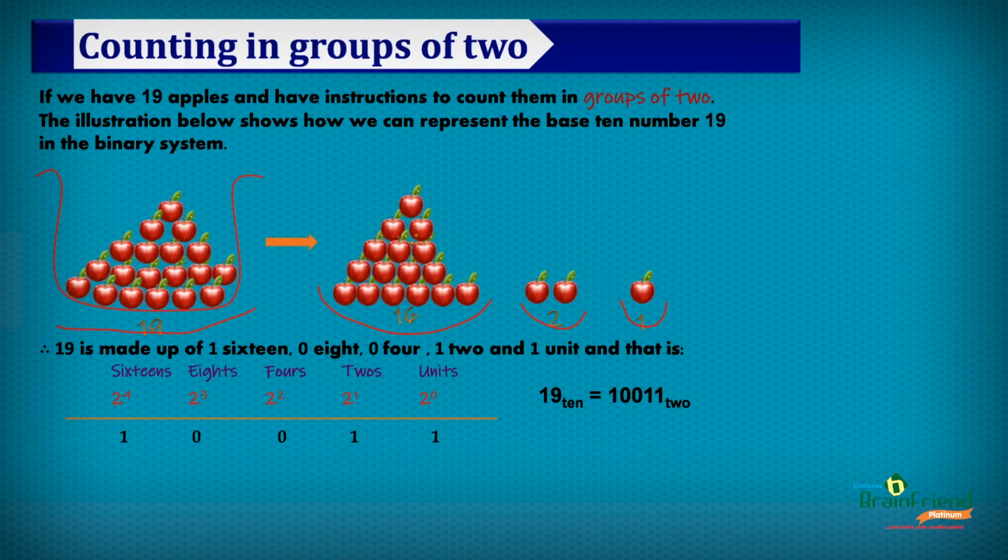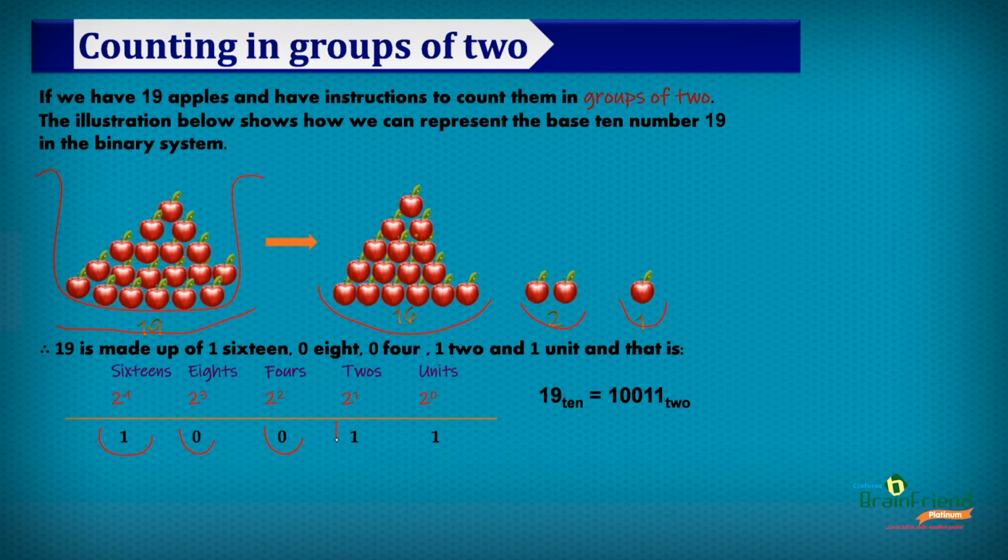So to express the number 19 in base 10 as a number in base 2, the first significant digit is a 16. So we have 1. And then under the 8s, we don't have any significant digit. So we have a 0. And under 4s, that is 2 raised to power 2, we have another 0. Under 2s, that is 2 raised to power 1, we have a significant digit.